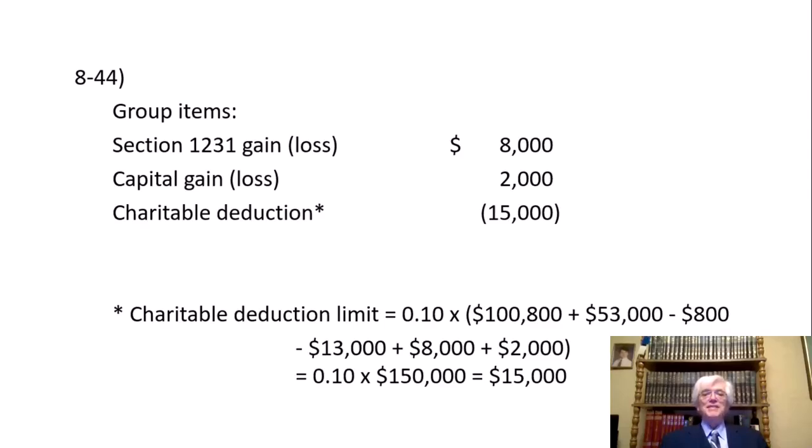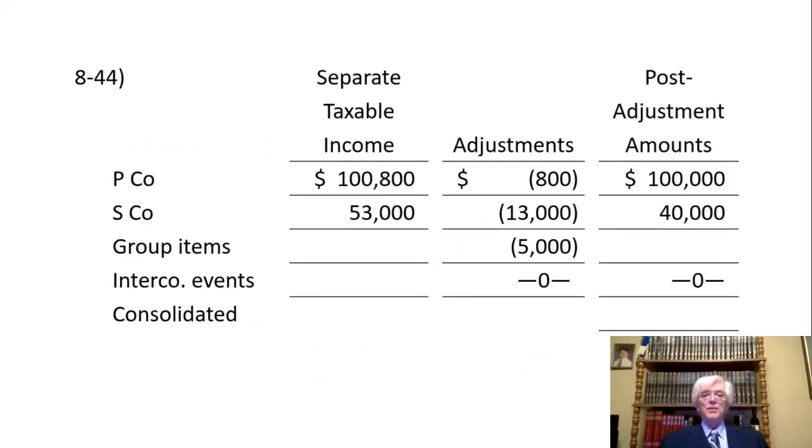So we have $10,000 of increases in our group items, 15,000 of deductions for a net of $5,000. Go back to the worksheet, put the $5,000 in as an adjustment, and over in the post-adjustment amounts, now we have our consolidated net income. 100 plus 40 minus 5 is 135.